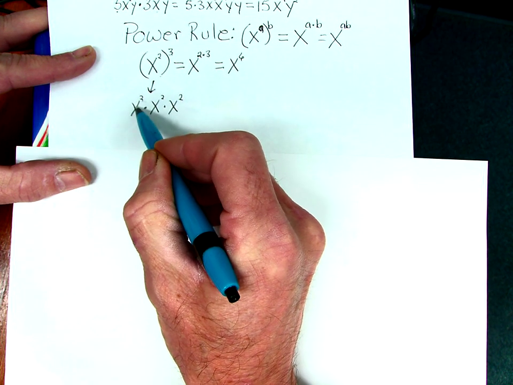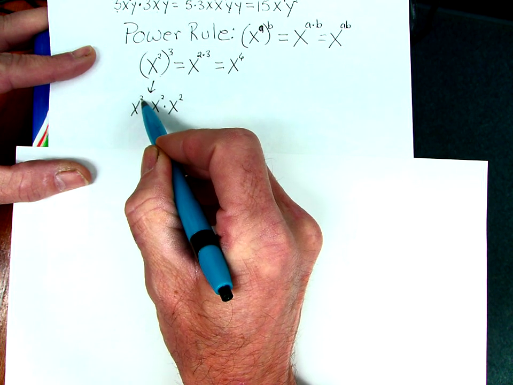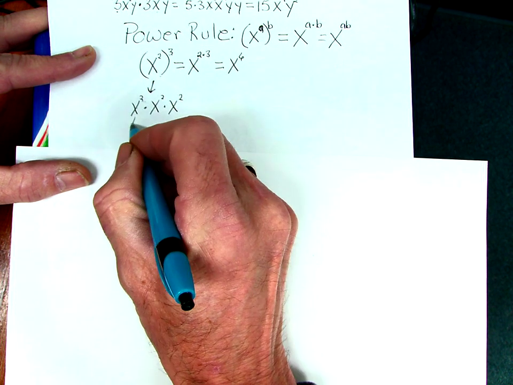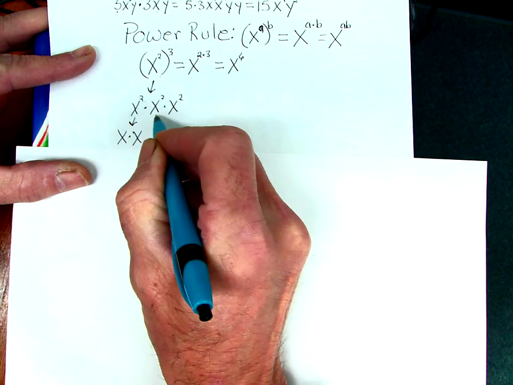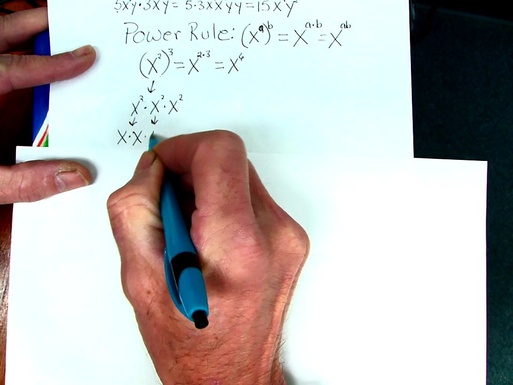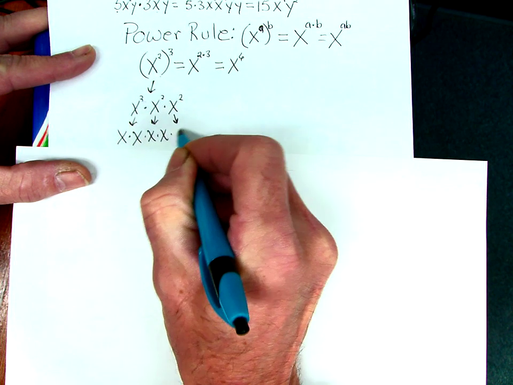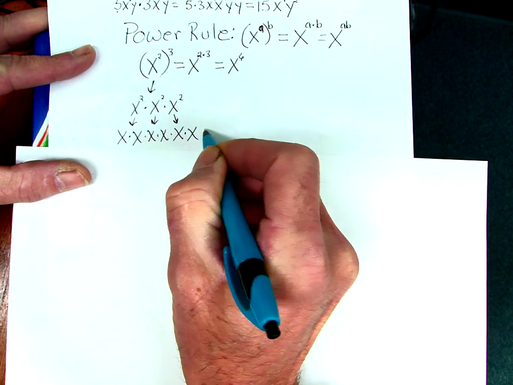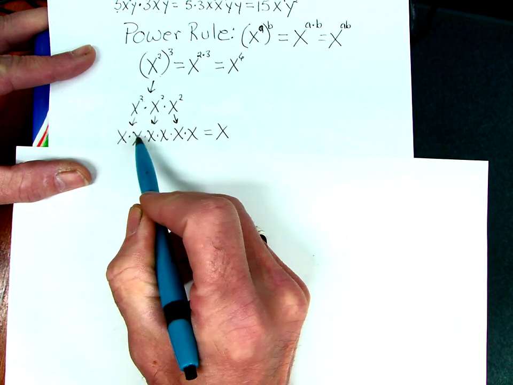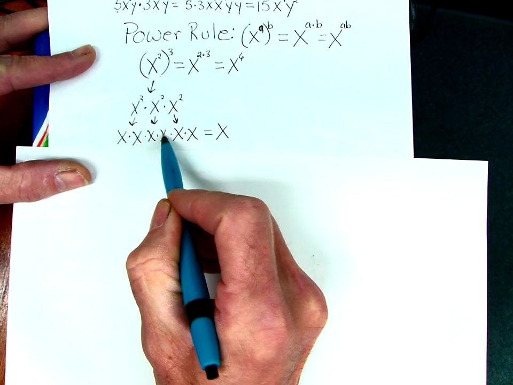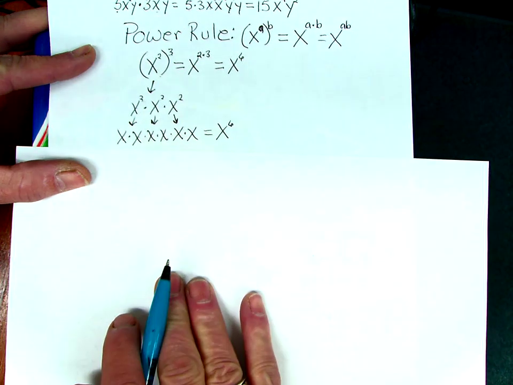This means you take this object and you multiply it to itself this number of times. So for each one of these, we have x times x, x times x, x times x. So we have x's, and there are 1, 2, 3, 4, 5, 6 of them. X to the 6th power.